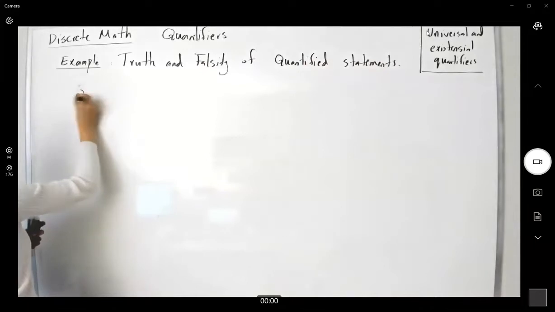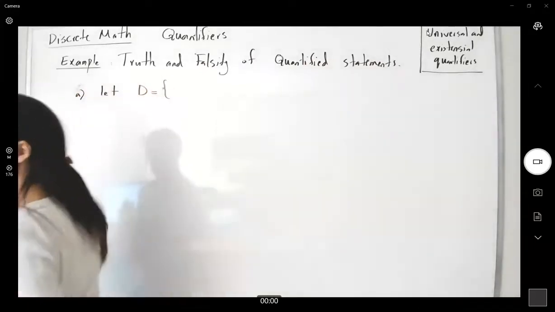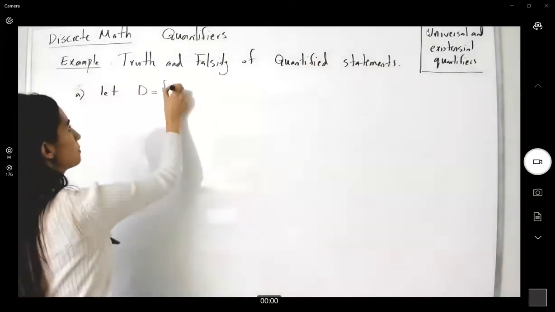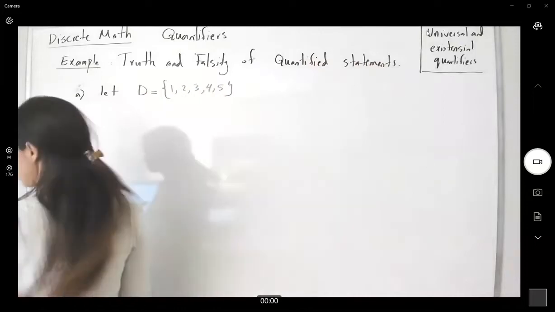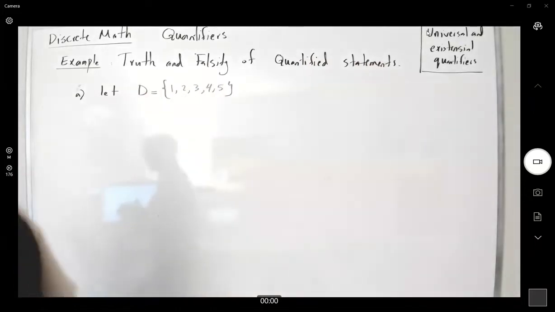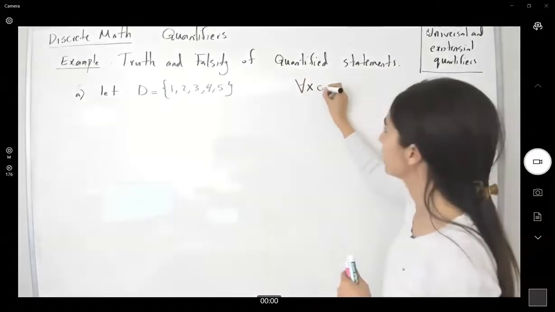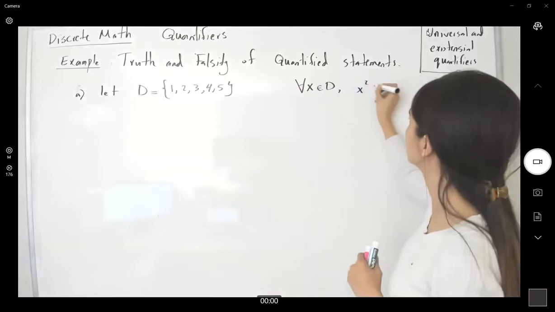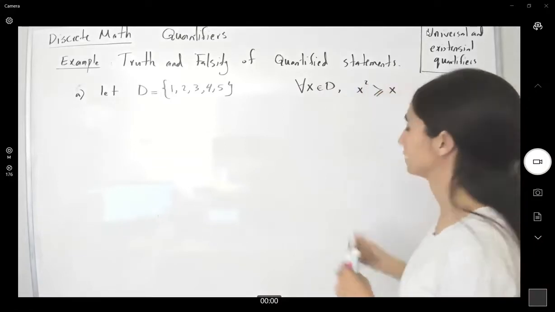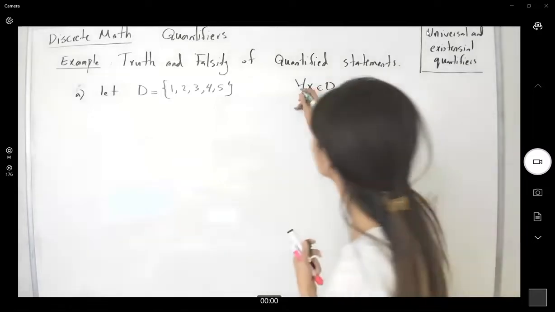A, let D be equal to the set of 1, 2, 3, 4, 5. And you have this statement: for every x in the domain, x squared is greater than or equal to x. So we're using a universal quantifier.